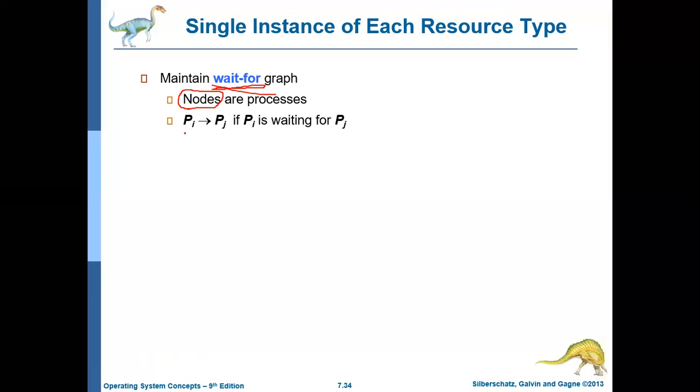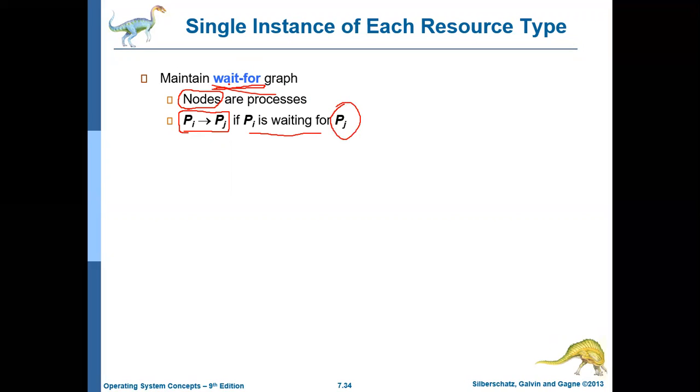If there is an edge from process Pi to Pj in the wait-for graph, then it means that process Pi is waiting for a resource that is currently being held by process Pj.